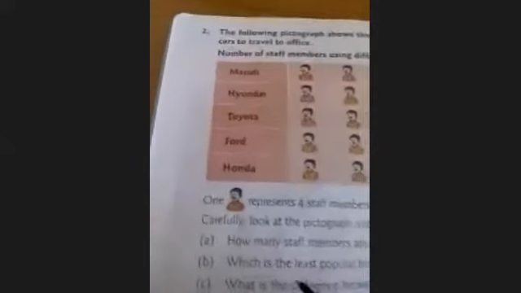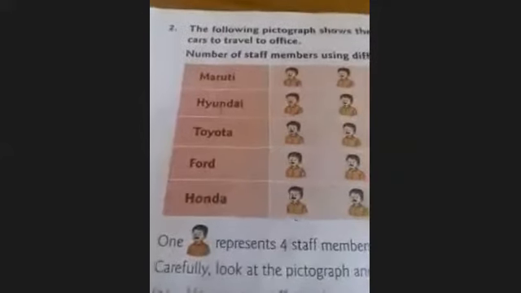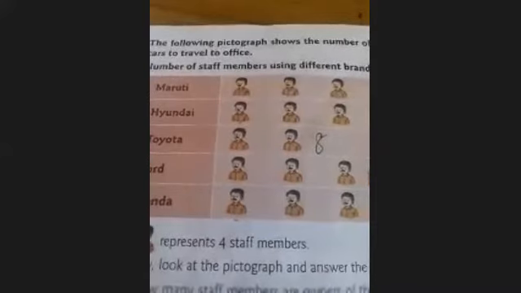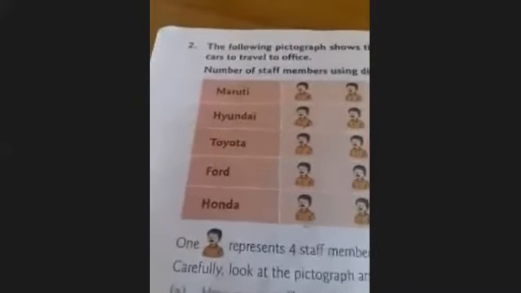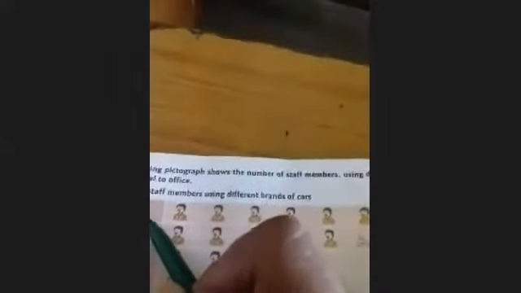So now see what is the symbol used to represent this information. Yes. One picture represents 4 staff members. For example, your first brand is Maruti.